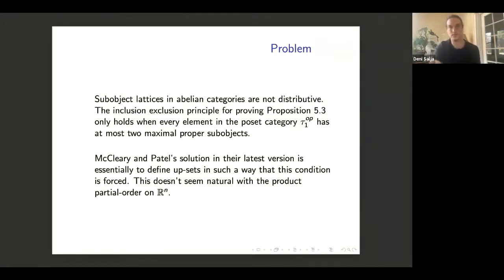So to fix this problem from the first paper, what they did in their latest version was change the way they defined upsets, which forced this condition. This doesn't seem natural to me with the product partial order on Rn, so I wanted to see if there was a way to retain their original result.